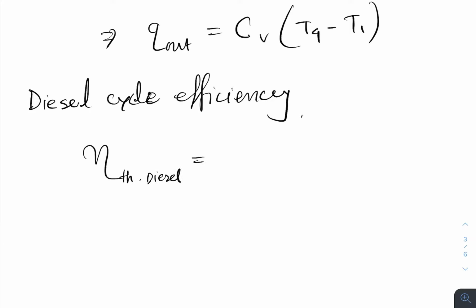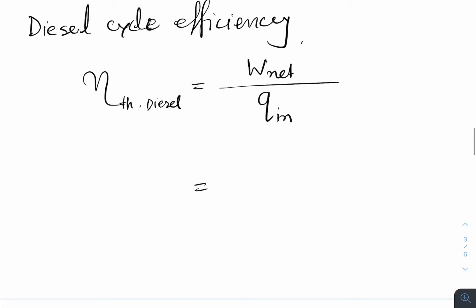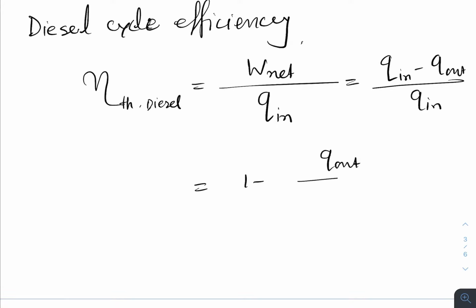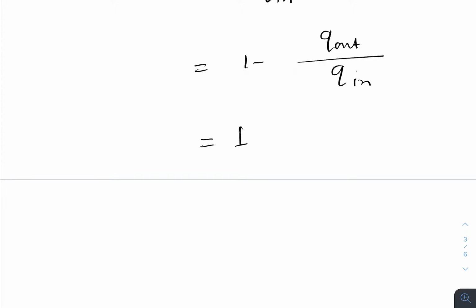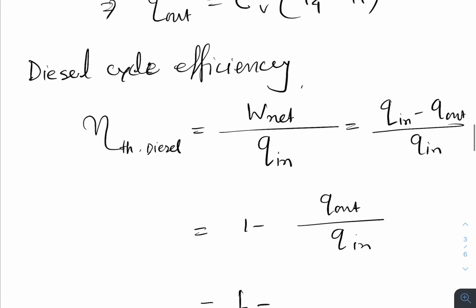eta thermal of diesel equals net work output divided by net heat input. Work output is nothing but how much energy is utilized, input minus Q out, divided by Q in. So it will be 1 minus Q out over Q in.